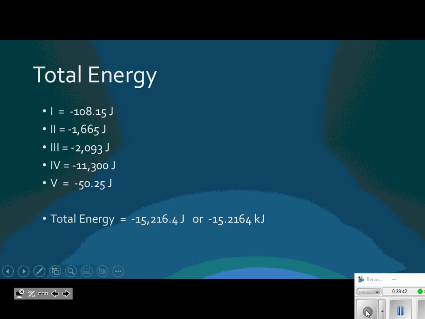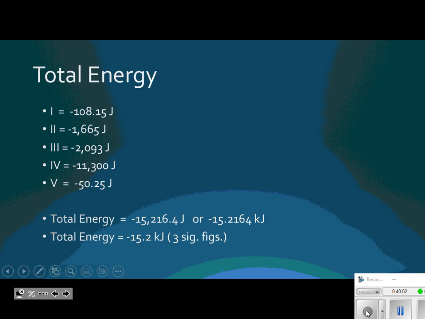When I take that to 3 significant figures, I get negative 15.2 kilojoules. And what does the negative tell you? Energy is being released.